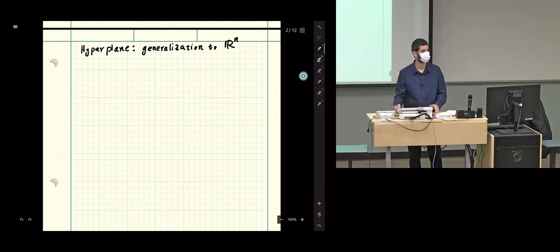So now we're going to talk about hyperplane, which is a generalization to Rn.